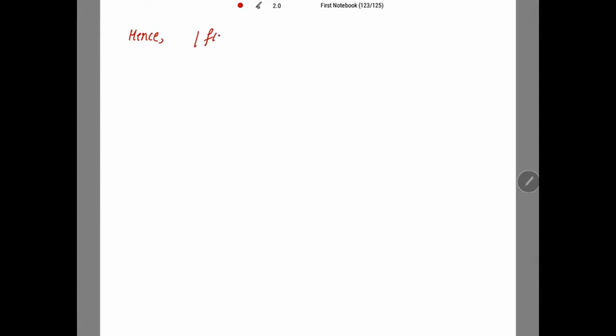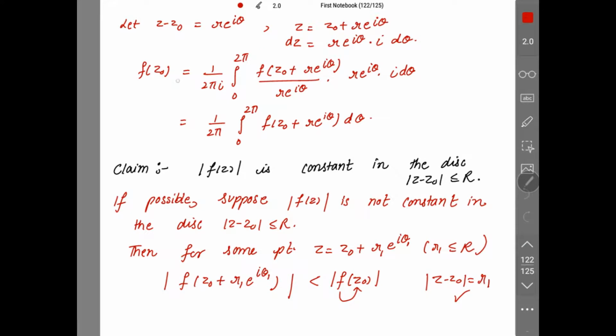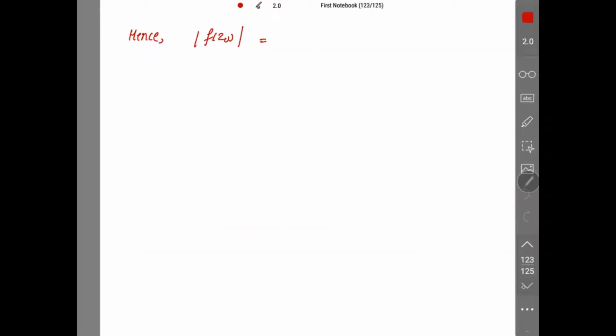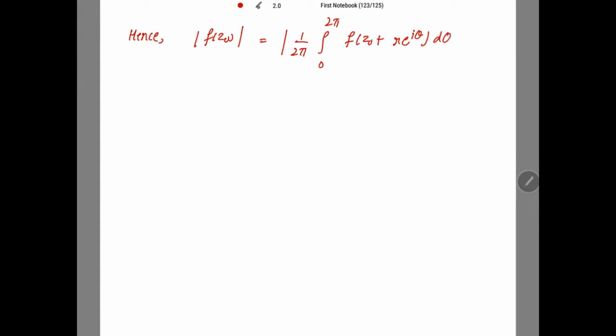checking the mod of f(z0), what is f of z0? We got the result for f of z0, taking the mod on both sides. So mod of f of z0 is equal to mod of this whole thing, which is the mod of 1 over 2 pi integral from 0 to 2 pi f of z0 plus r e to the power iota theta d theta.